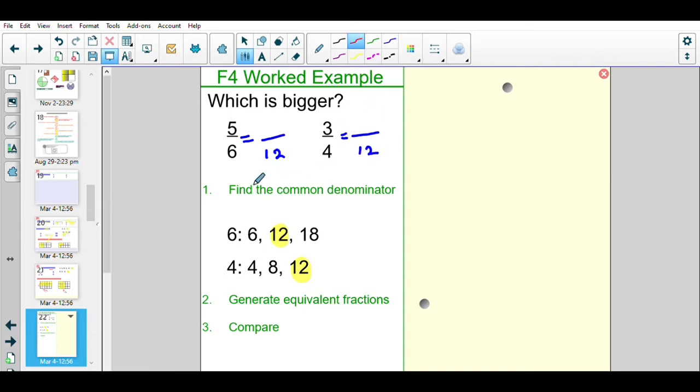As you learned in F1, you know how to make and generate equivalent fractions, and you know 5 over 6 is going to be equal to 10 over 12. The same process for the second fraction.